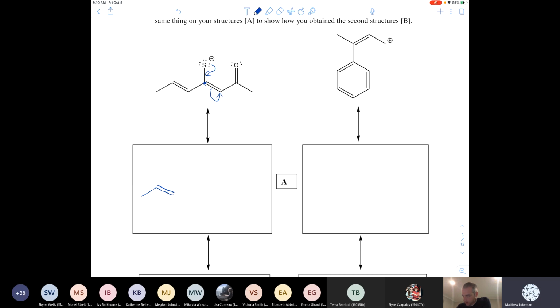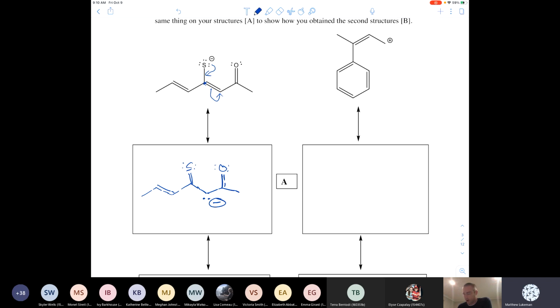I don't know why this is not giving me dotted lines today. So that put a pair of electrons up on that carbon, and that carbon has a negative charge now.